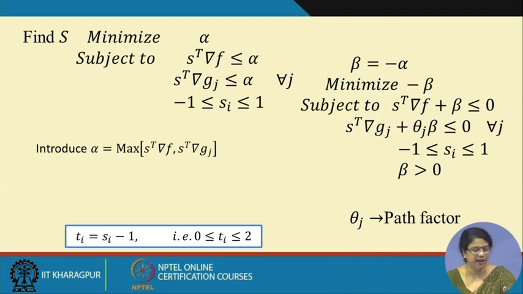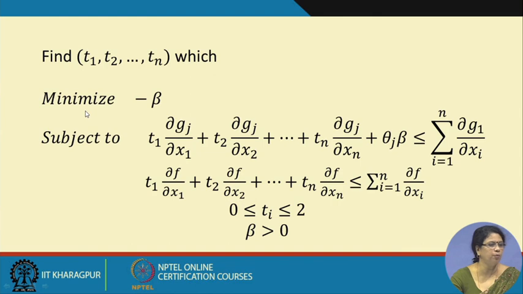Okay. Once we have it, then the whole problem can be rewritten as this one: find out the direction, this is the component of S, such that S transpose delta G plus theta_j, that is the push factor, times beta less than or equal to 0, and this is less than or equal to 0, and T_i between 0 to 2 and beta greater than 0.